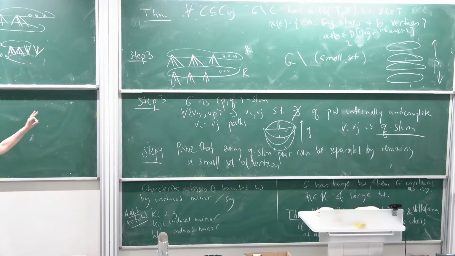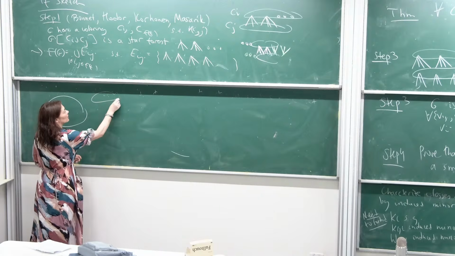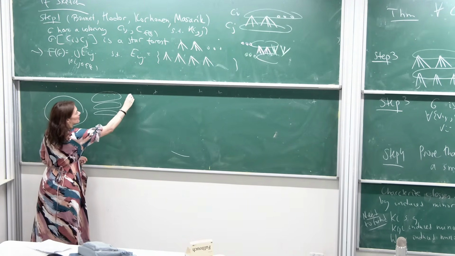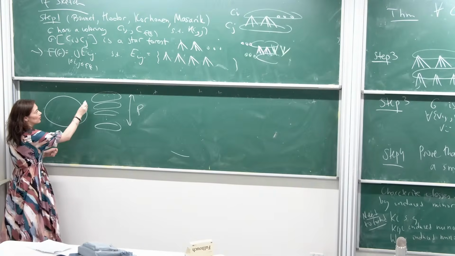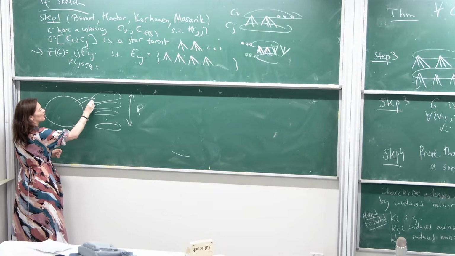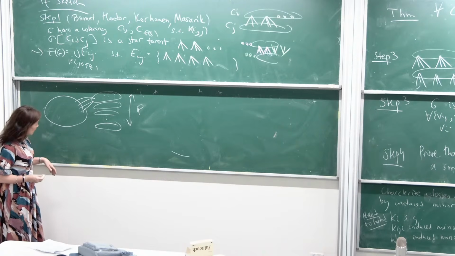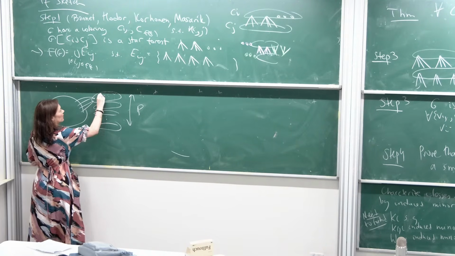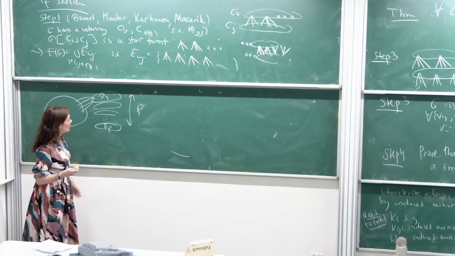So remember, by step 3, I generated some subgraph of G that I don't know anything about, and a bunch of specific P sets, each of which is not very big. And for each of which, if I take vertices here plus their neighbors, that's balanced. So let me call this R1 through RP.